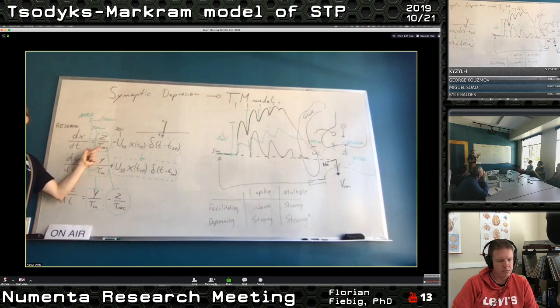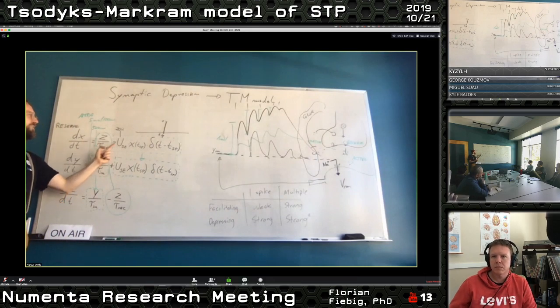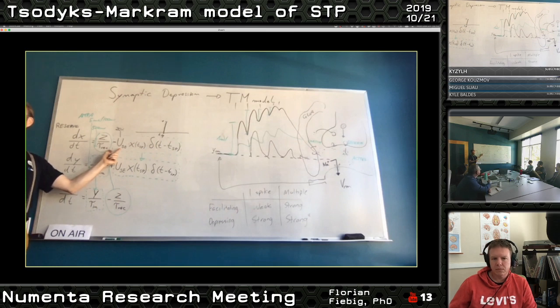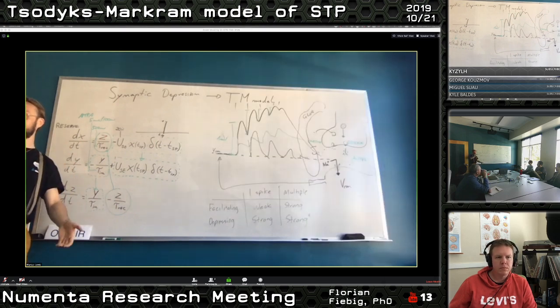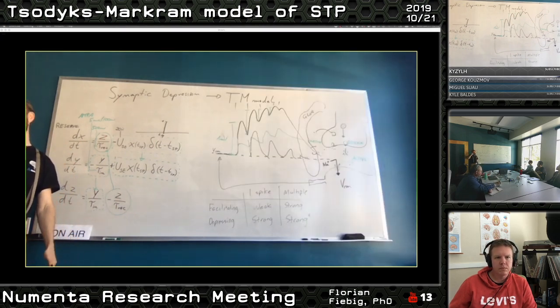And the time it takes to get to that point depends on your usage number. If you're releasing very, very little transmitter at every spike, then it's going to take a long, long time until you reach that. So you can sum a lot of pulses, but they're going to be small. If you have big pulses, then you're going to deplete that pool maybe within 3 spikes. So you're almost at the limit already after 3 spikes.